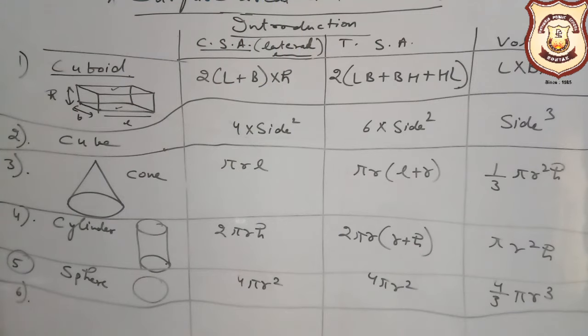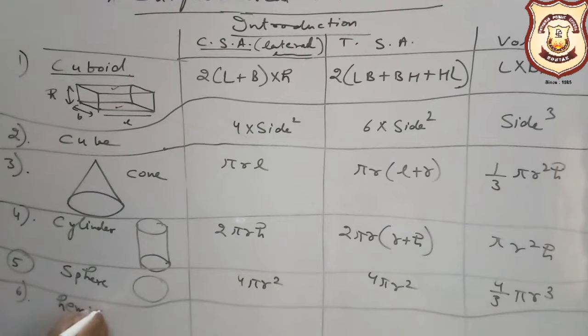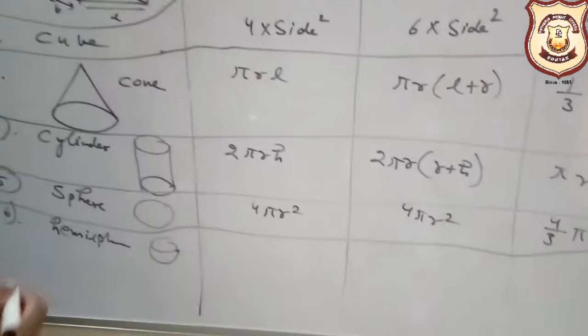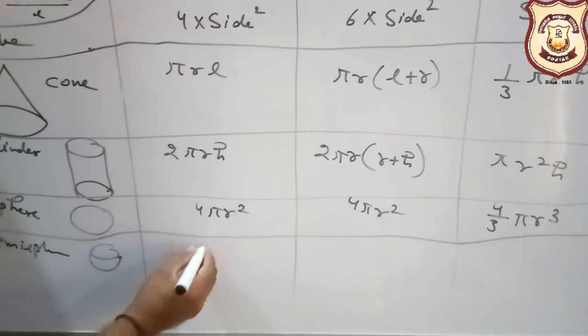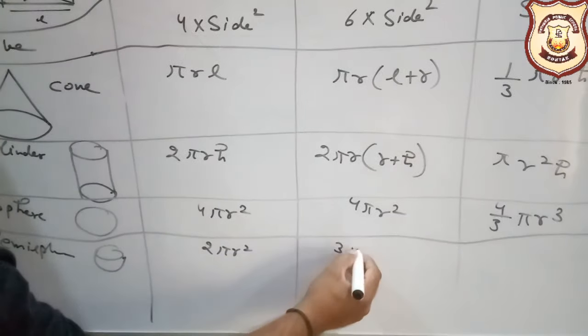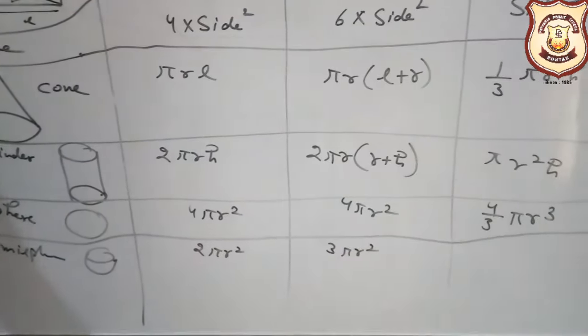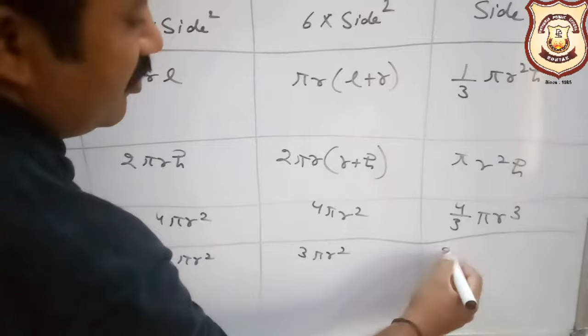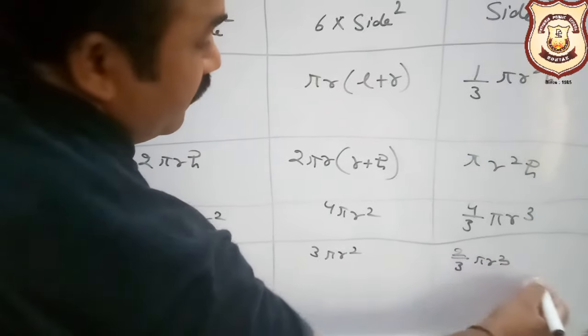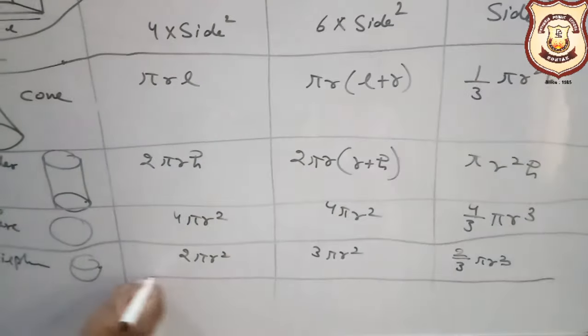The sixth one is the hemisphere, like this. So CSA is 2 pi r square, TSA is 3 pi r square, and volume is 2 by 3 pi r cube.